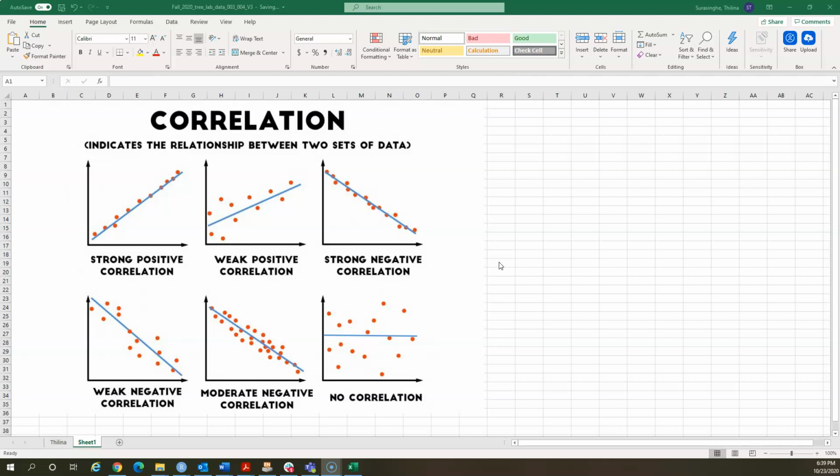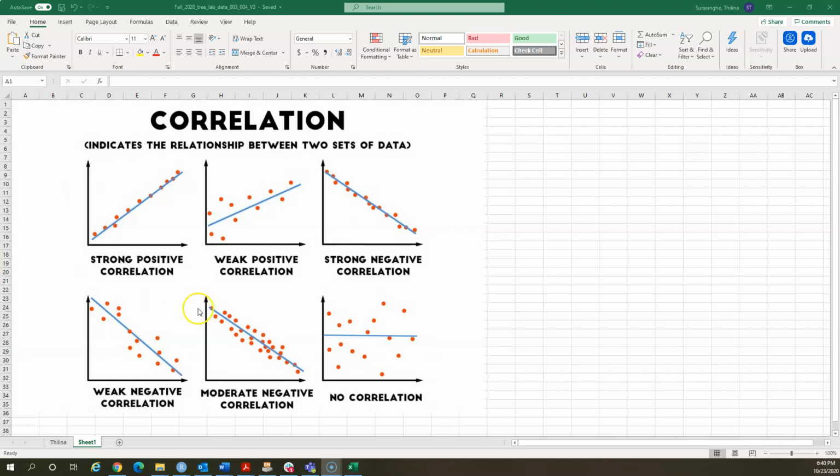It ranges between -1, across 0, to +1. If you look at this particular example, you're looking at a strong positive correlation. This will have a correlation coefficient, lowercase r, that is closer to +1. It may be something like 0.9.